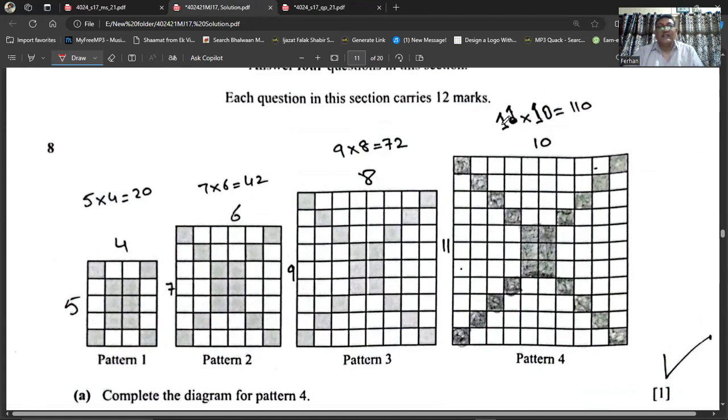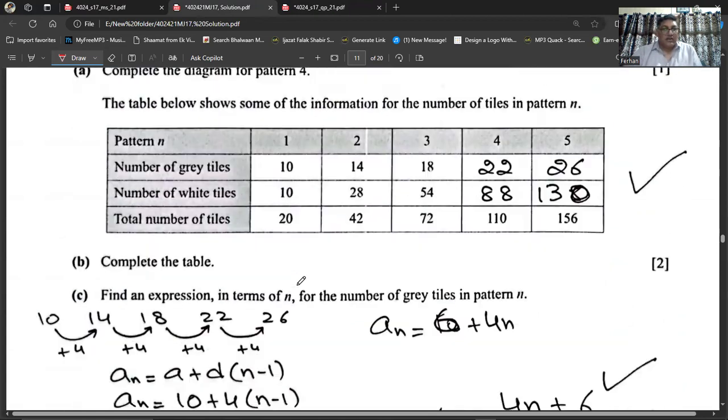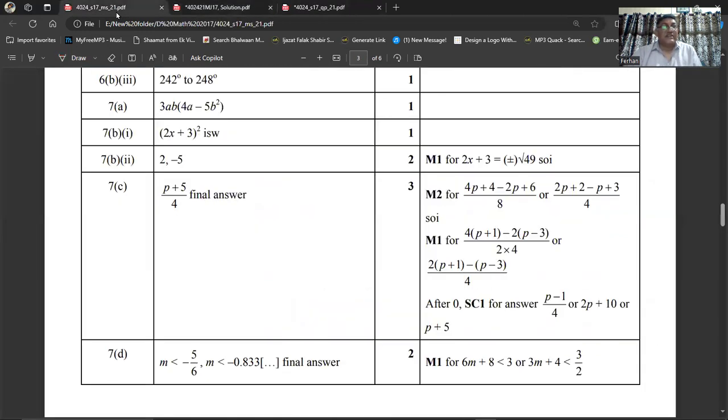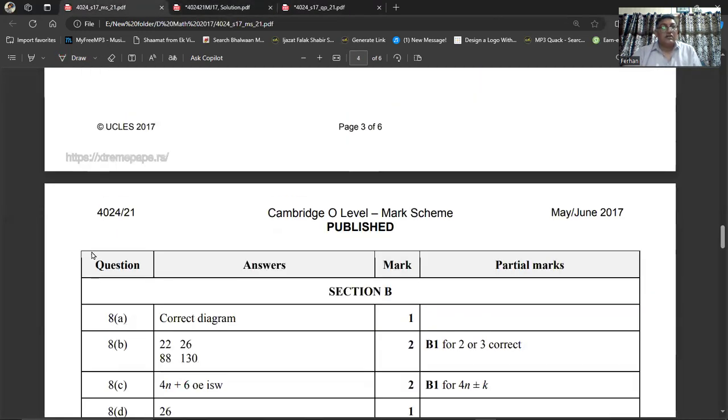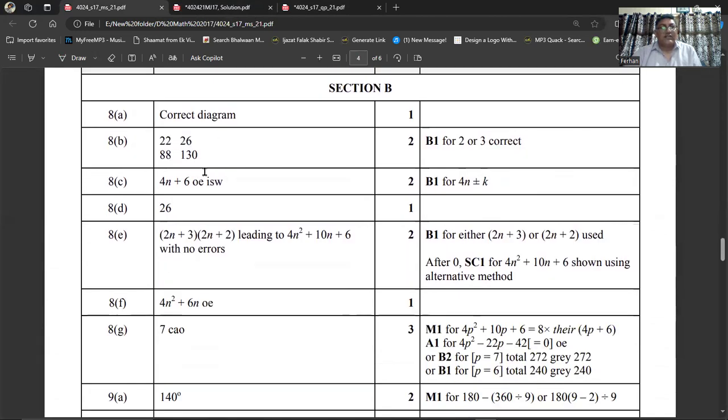And in the next one, it will be 13 multiply 12. And 13 multiply 12 will be 156. It was already given. Okay. Let me check the answer also. This is question number 8. So our answers are right.